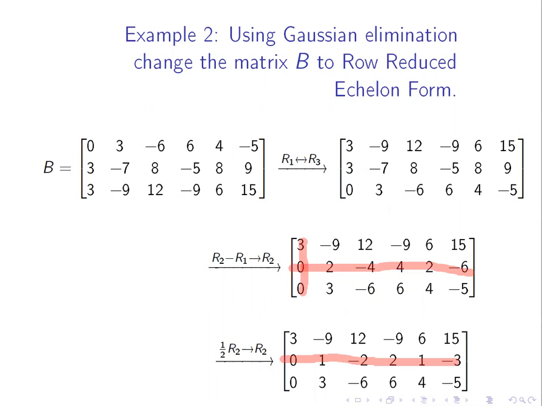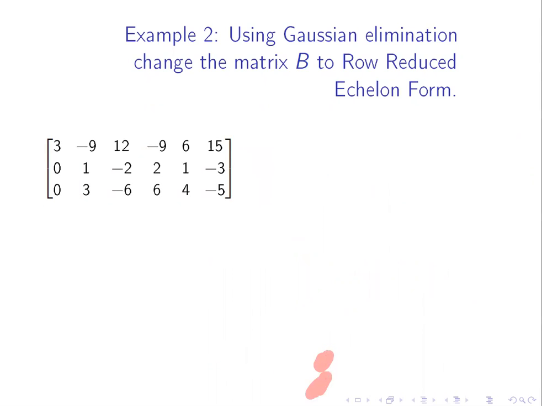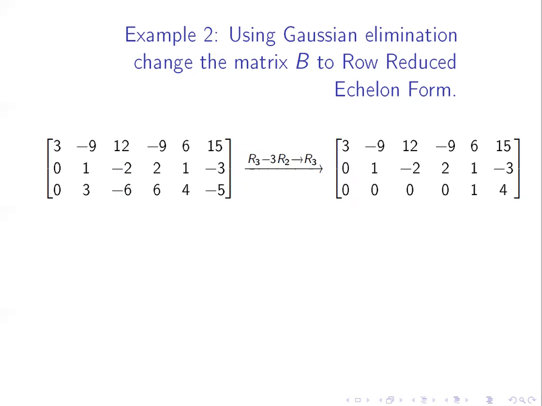If I do it, you'll notice that gives me now a 1, which means when I want to eliminate this 3 that's below it, it's going to be much, much easier. All right, so let me give myself some new space. My next step is then obviously I took row 3 minus 3 times row 2. And the result is going to look like this.